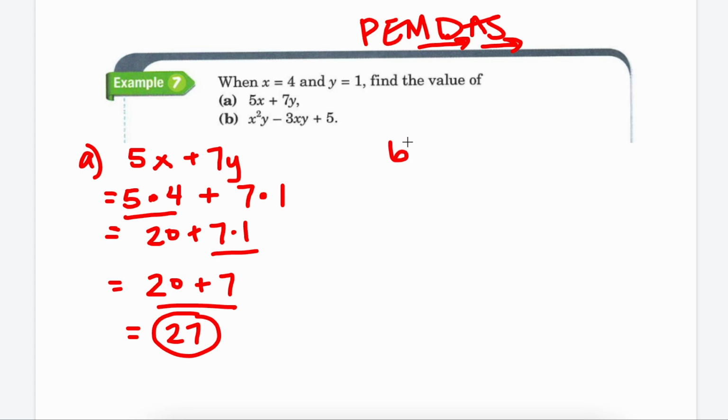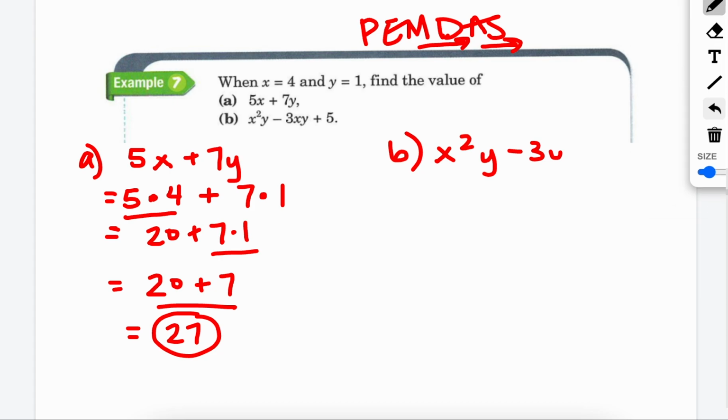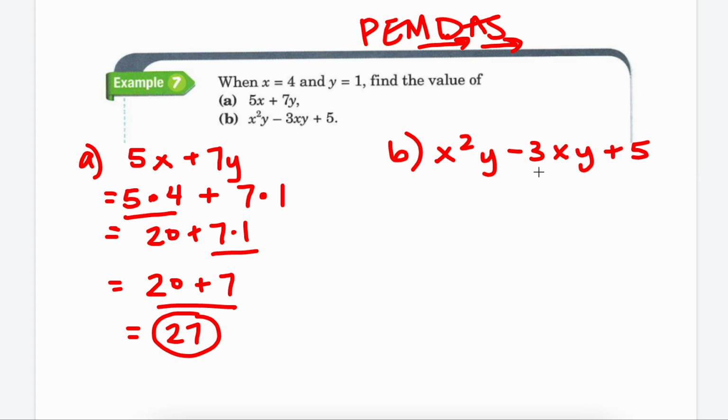Let's take a look at b. Again, I'm rewriting it down here, so I have it right in front of me. And then I'm replacing, wherever I see x, I'm replacing it with 4. Wherever I see y, I'm replacing it with 1. And this is multiplication.